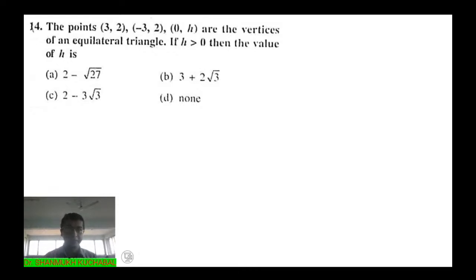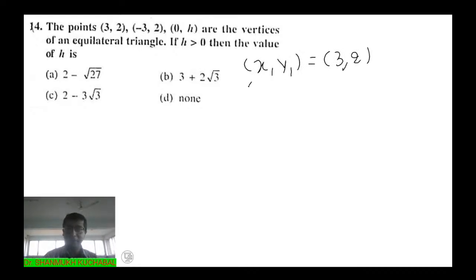Example number 14. The points (3, 2), (-3, 2), (0, h) are the vertices of an equilateral triangle. If h is greater than 0, then the value of h is. Okay, so we'll take the coordinates. x1, y1 equal to (3, 2).